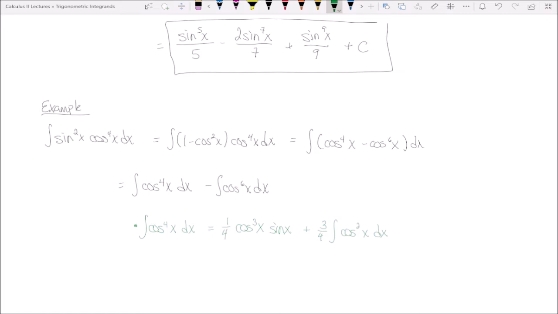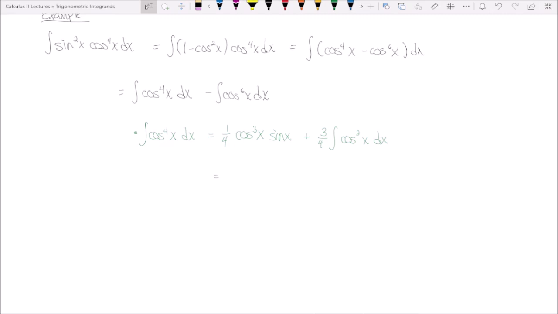Now, what we could do is use cosine reduction again on the cosine squared, or use the identity of cosine squared equaling 1/2 the quantity of 1 plus cosine 2x. Here all I'm doing is factoring out that 1/2 so I can write 3/8 instead.